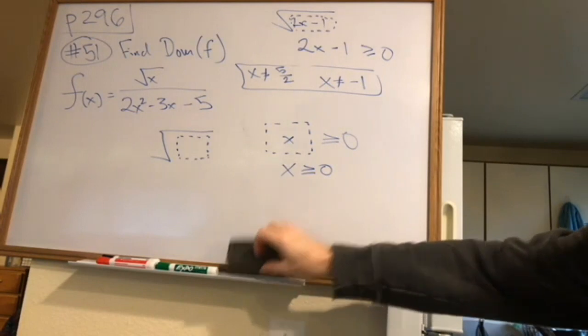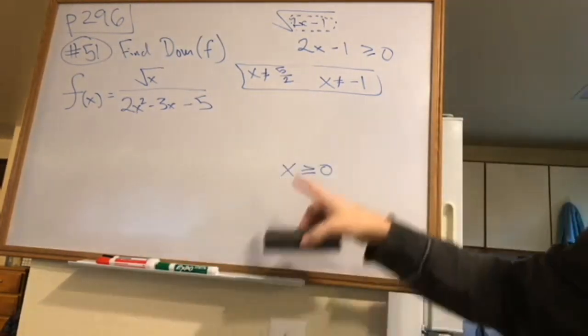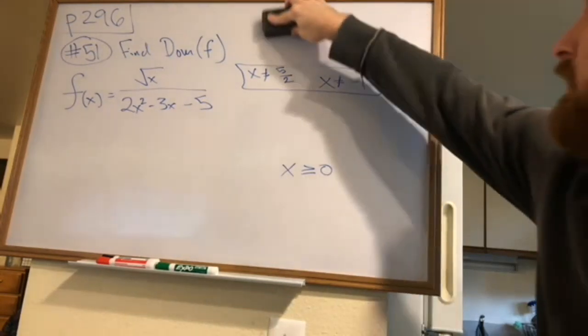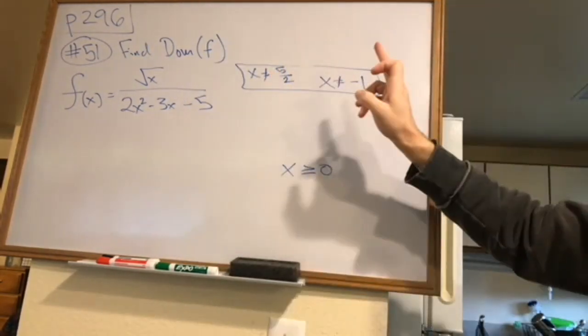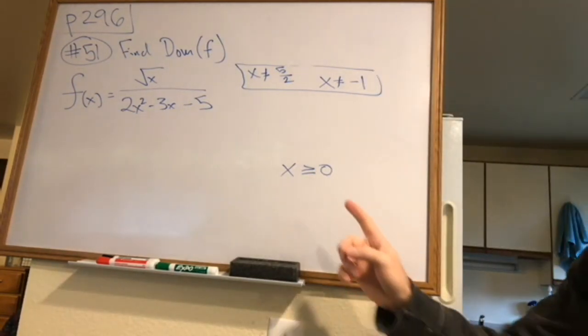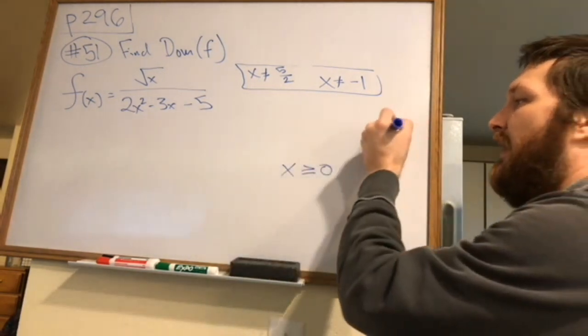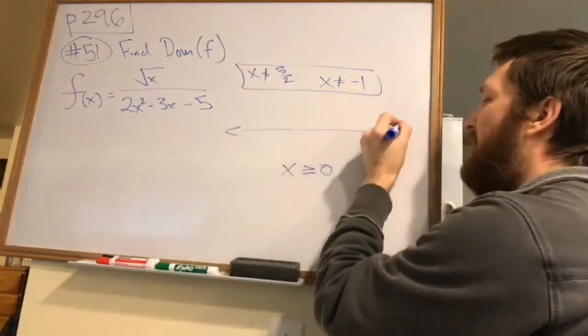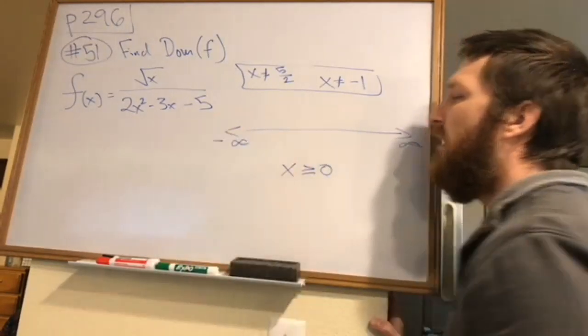Okay, so now we have two restrictions here. On one hand, x has to be greater than or equal to 0, and x cannot equal 5 halves, and it cannot equal -1. So what I'm going to do is think about just the interval first. In order to do that, I like to draw my number line with infinity up here and negative infinity down here.